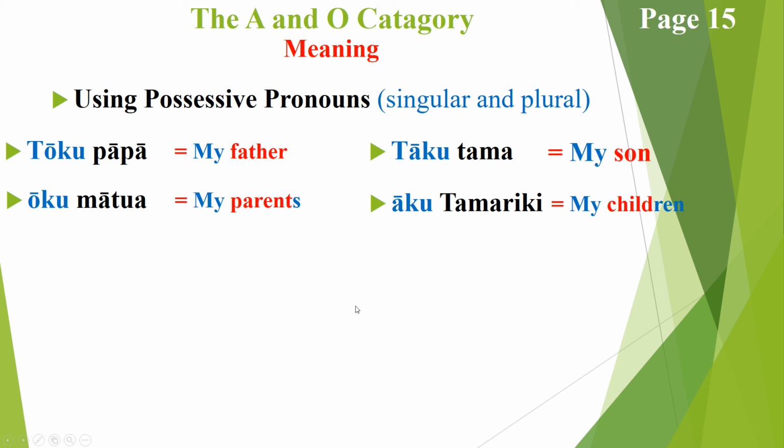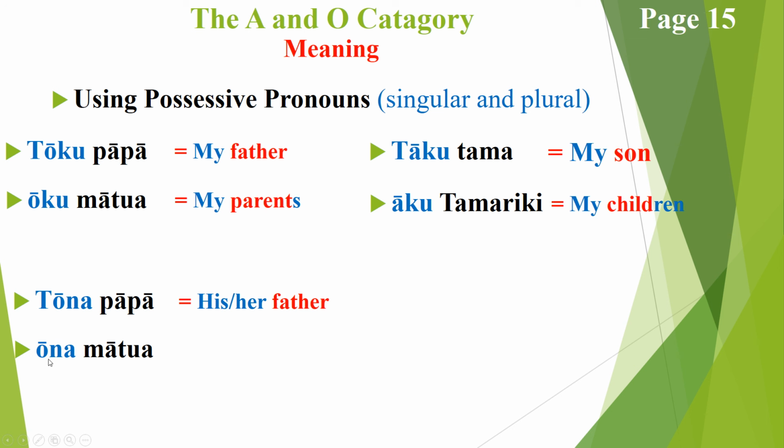Tamariki, ka pai. So moving on, tōna papa simply means his or her father, singular, when it's tōna. When you drop the T, it becomes ōna mātua. We've got that mātua again, and now we've got his or her parents. So tōna means his or her father, singular. Ōna, when you drop the T, turns it into plural, and we've also got this macron on top of the A here to help put that S on the end, to turn that into plural.